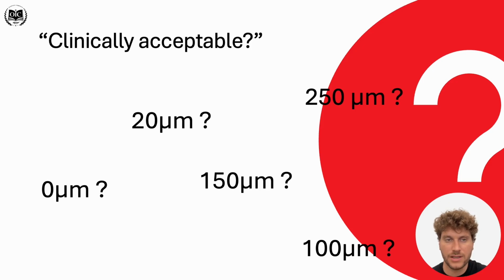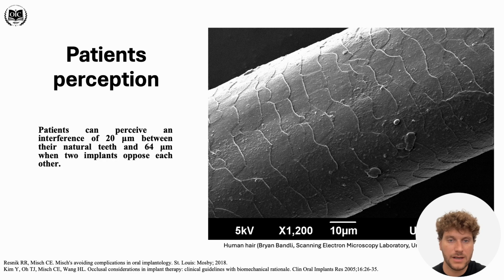Yet again, the question is what is clinically acceptable? And in this case, the threshold is even more blurry, depending on the situation that we find ourselves in. For example, this is a microscopic hair picture, and the hair is about 100 microns in thickness.